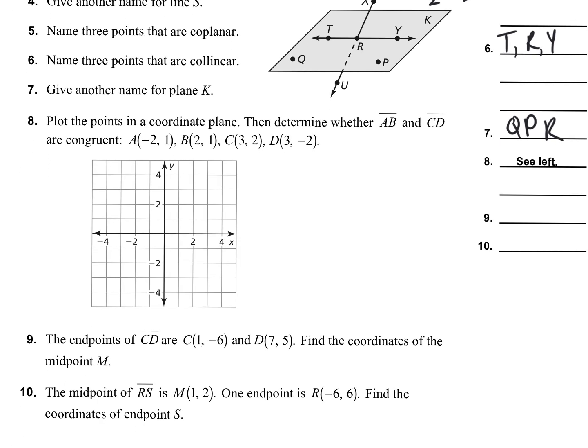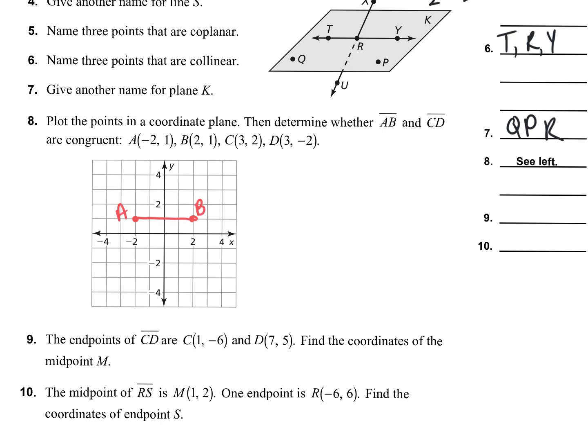All right, number 8 says plot the points on a coordinate plane. Then determine whether AB and CD are congruent. Go ahead and plot your points. All right, plotting our points, I have -2, 1, which is going to be right here. 2, 1. So this is AB.